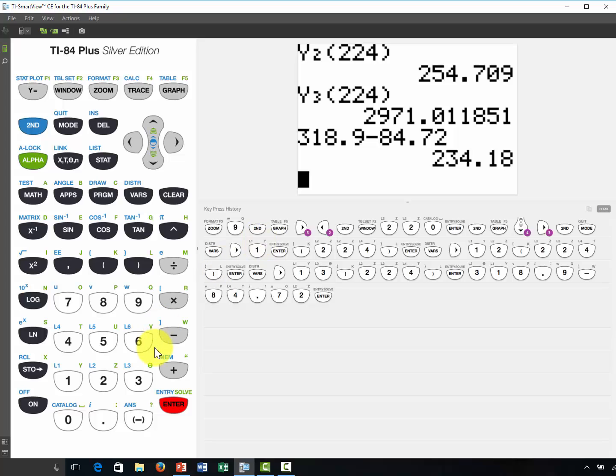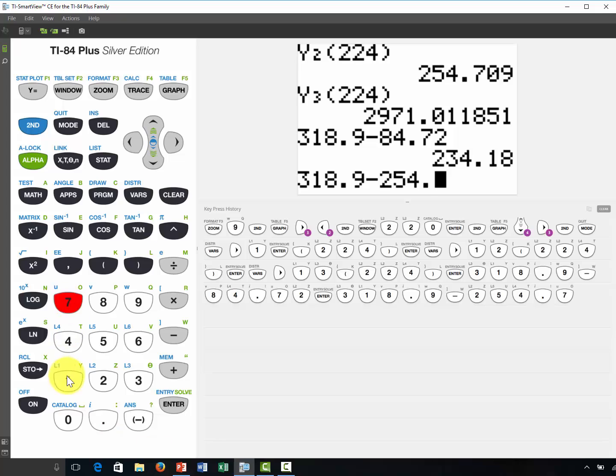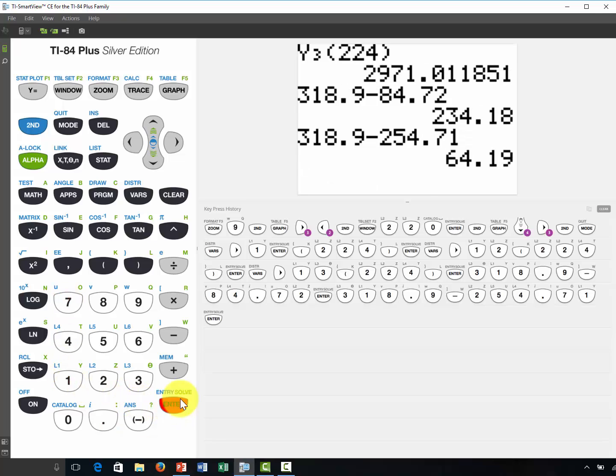For the quadratic, we take 318.9 million and subtract 254.71, and this model missed it by 64 million.